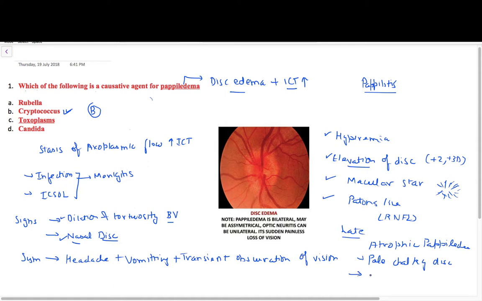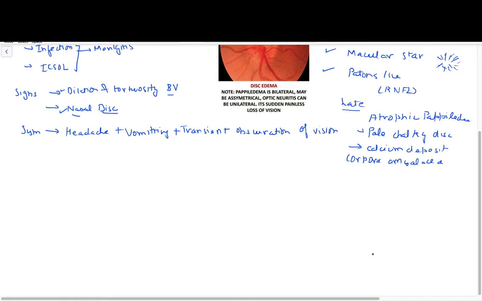Also, in these cases, you can get calcium deposits. These calcium deposits on the disc are called corpora amylacea. So these are the important features of late stage of papilledema.